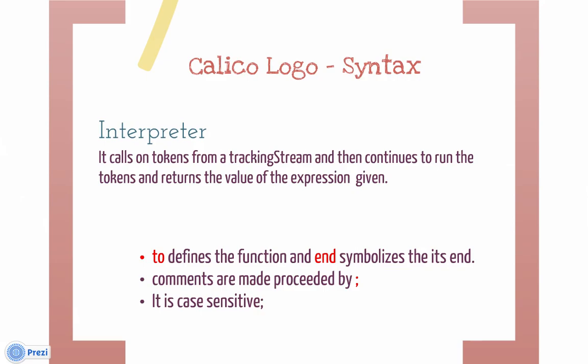To define a function, it uses the word to, and to signal the end of the function, it uses the word end. And as we can tell, it uses a lot of word syntax rather than acronyms, and I will talk about that in a little bit. But comments in Calico Logo are used by starting the line with a semicolon, and it is case sensitive.